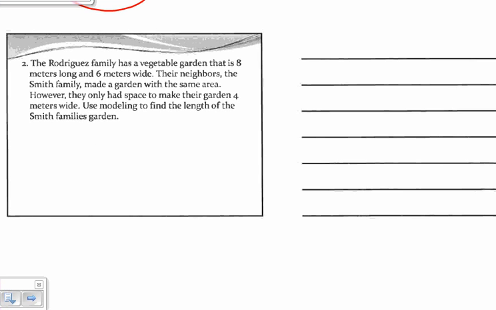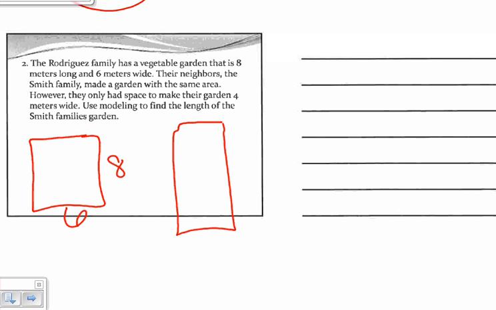The Rodriguez family has a vegetable garden that is 8 meters long and 6 meters wide. I'm going to draw a picture, because I want to be able to see it. 8 by 6. Their neighbors, the Smith family, made a garden with the same area. However, they only had space to make their garden 4 meters wide.